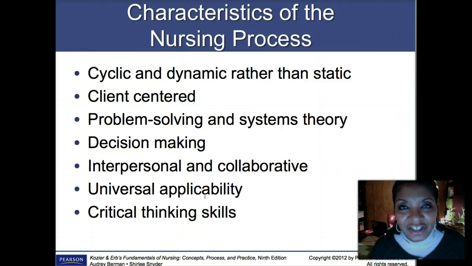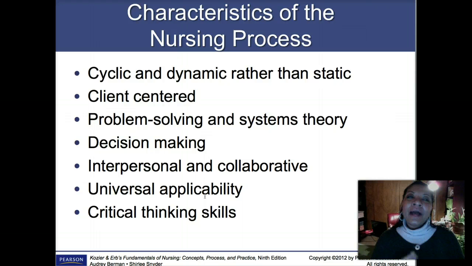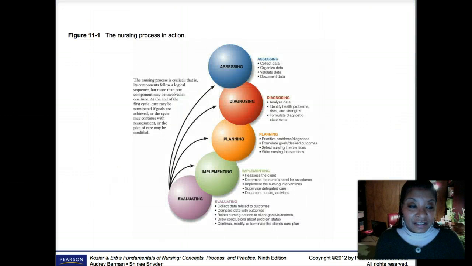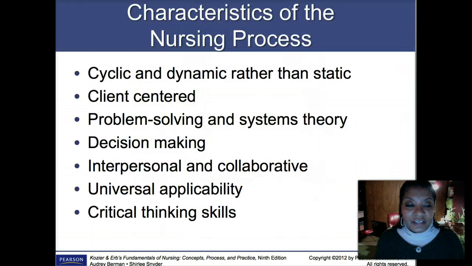The expectations set by the government and by our professional organizations, the standards of care for nurses, expect you to utilize and perform your nursing actions based on this nursing process. And of course it involves critical thinking skills.